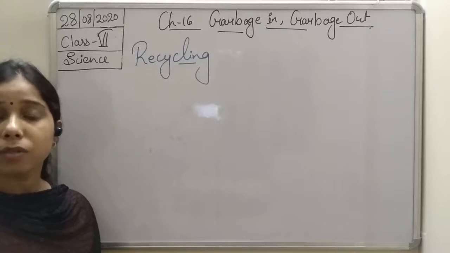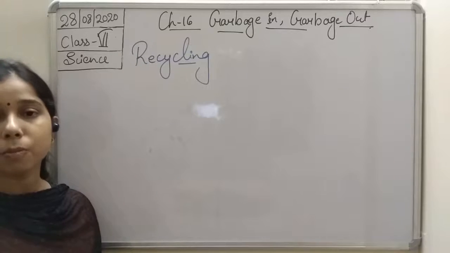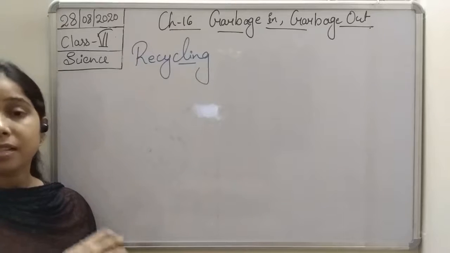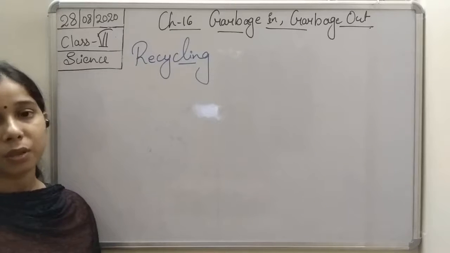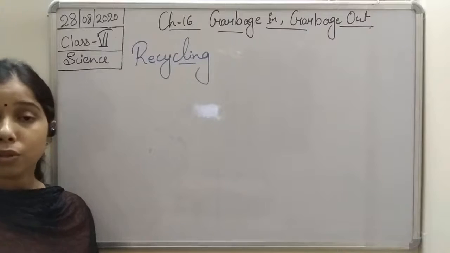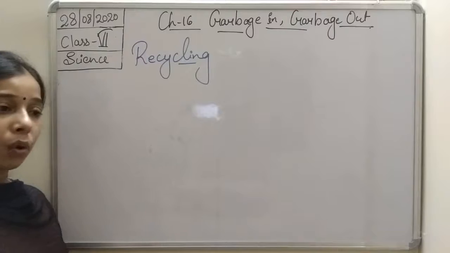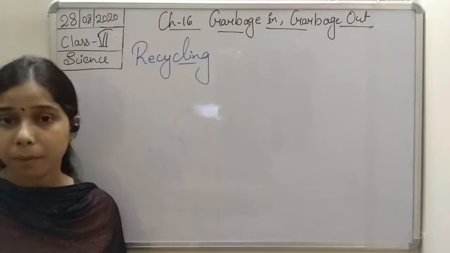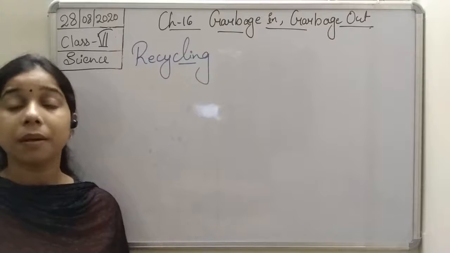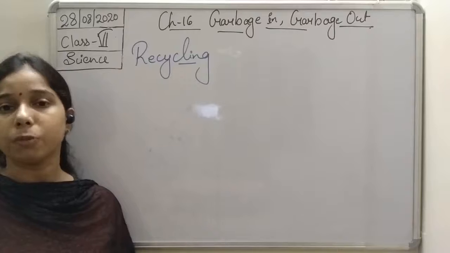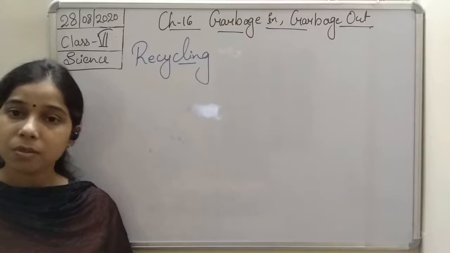There is some garbage present in our houses which cannot be decomposed by microorganisms. Such kind of garbage can be recycled again and again. There are a lot of old and discarded items, such as paper, including newspapers, plastics, metals, and glass objects, present in our house.